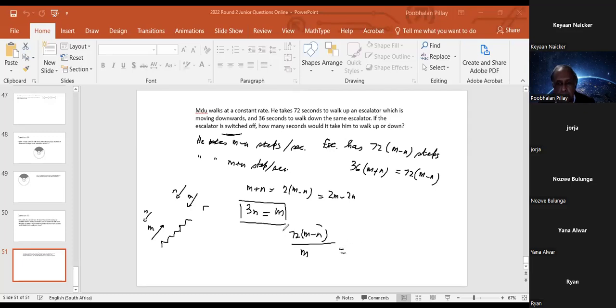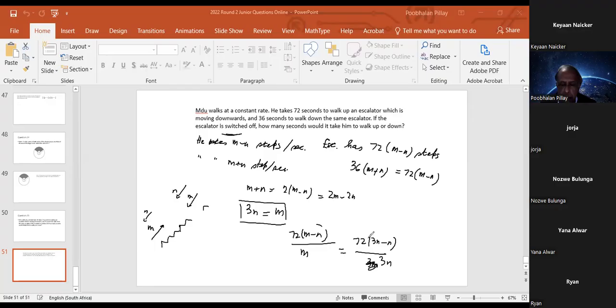But we know that m is equal to 3n. So I can substitute m equals 3n here.